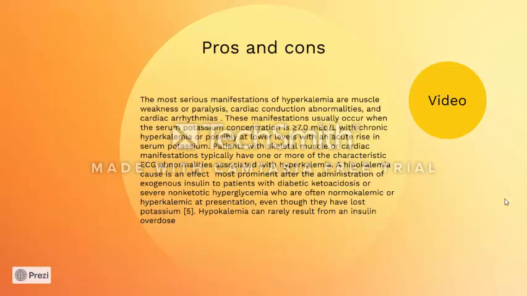Patients with skeletal muscle or cardiac manifestations typically have one or more of the characteristic electrocardiogram abnormalities associated with hyperkalemia. Hypokalemia is an effect most prominent after the administration of exogenous insulin to patients with diabetic ketoacidosis or severe non-ketotic hyperglycemia, who are often normokalemic or hyperkalemic at presentation, even though they have lost potassium. Hypokalemia can rarely result from an insulin overdose.